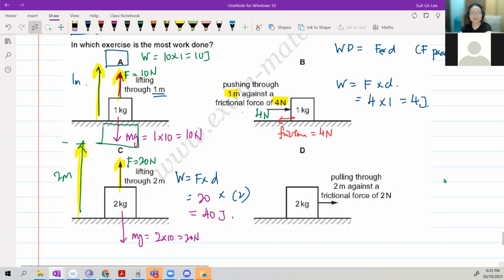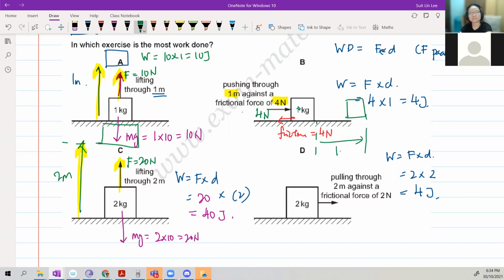This one, you push 2 meter, 2 Newton. Work done is force times distance, so 2 times 2 is 4. This one here to here is 1 meter, here to here is 2 meter.